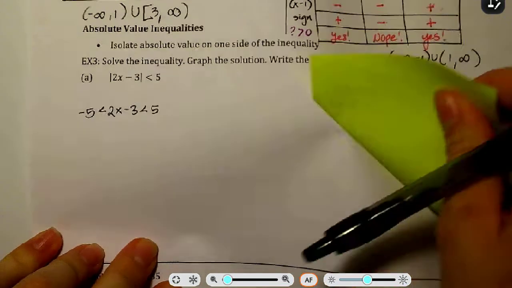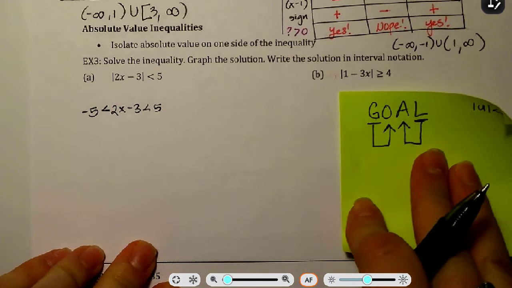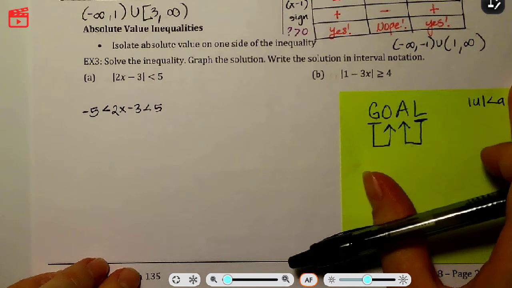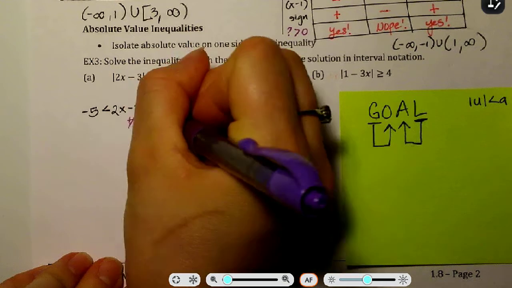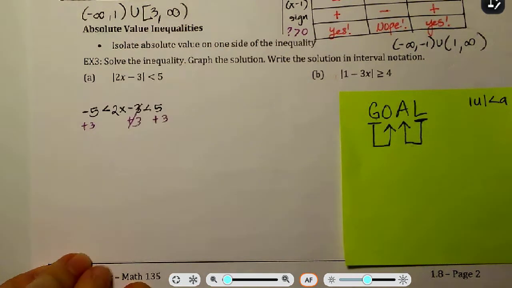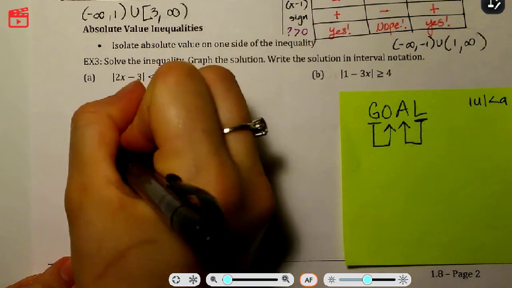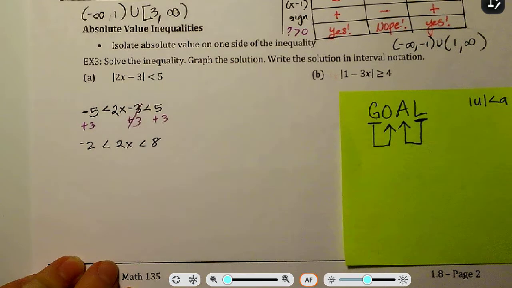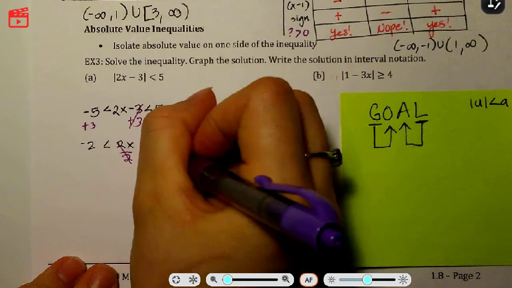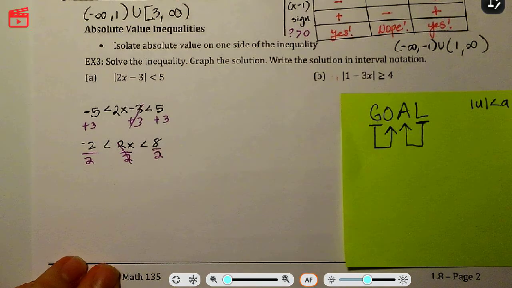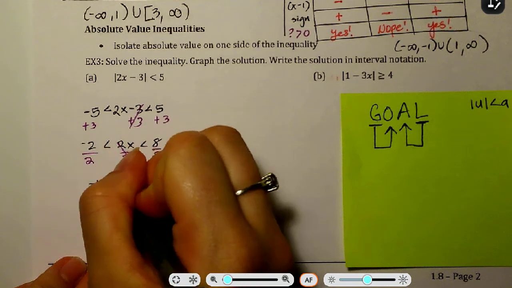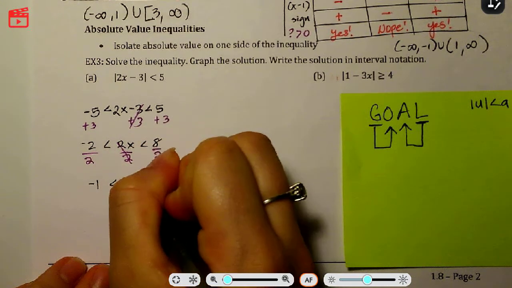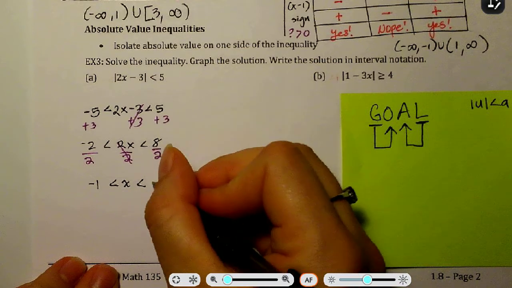And let's go ahead and solve this. We solved something similar to this previously. We just have to isolate the x. So let's add 3 to both sides. Divide by 2 on both sides. -2 divided by 2 is -1, less than x, less than 8 divided by 2, which is 4.